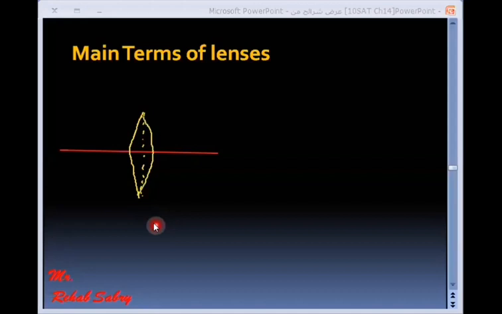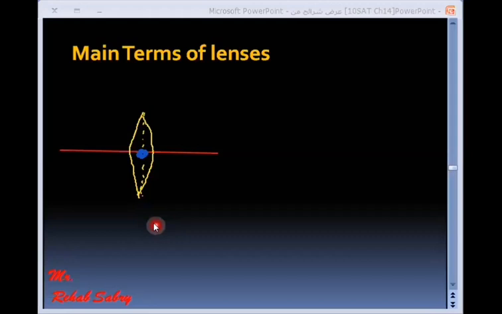Then we will put our points. We will put 5 points here. Number one, this midpoint is the optical center.